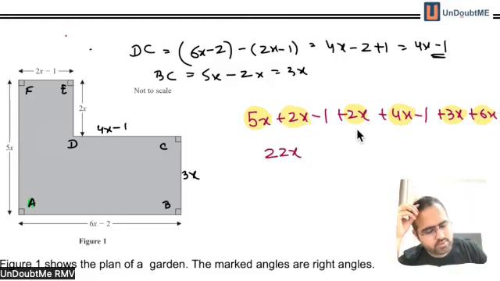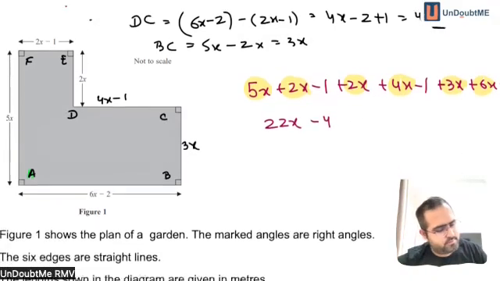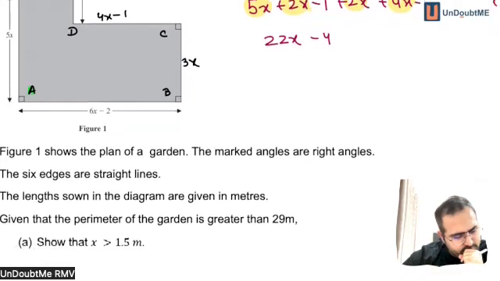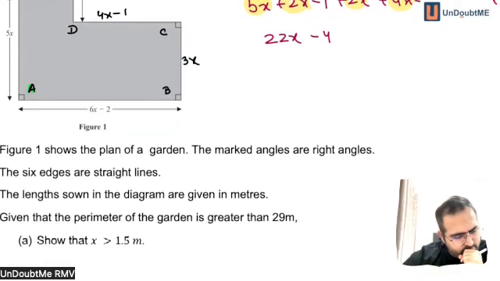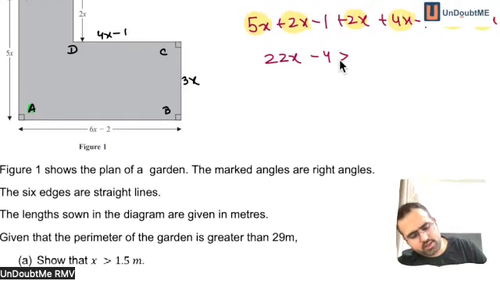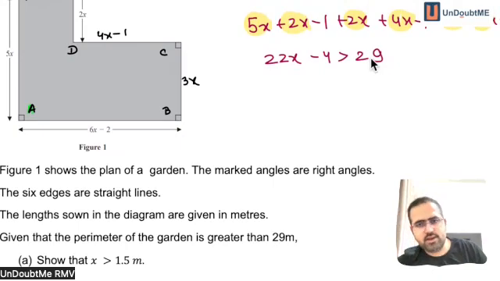So 22x, and this is minus 4. Perimeter is greater than 29. So this is greater than 29.